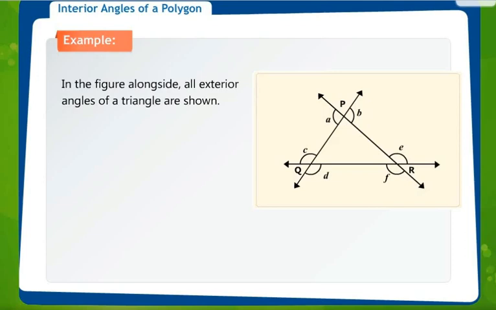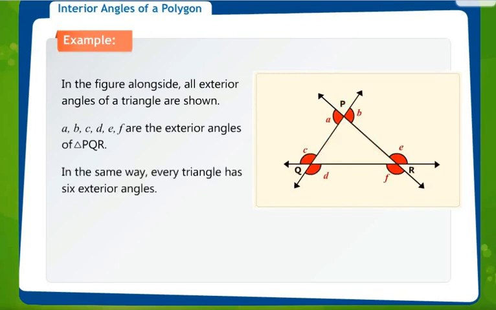Now look at this diagram. In the figure alongside, all exterior angles of a triangle are shown. You can see triangle PQR, and the exterior angles are shown with the alphabets A, B, C, D, E, F. These are the exterior angles of triangle PQR.